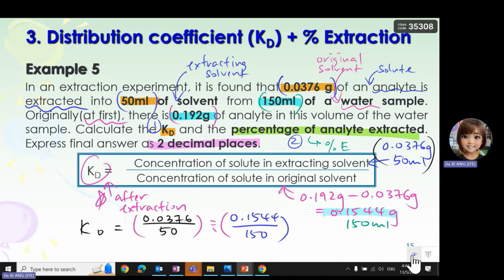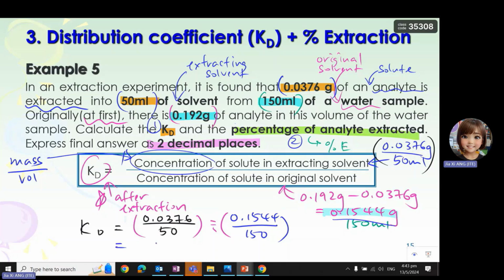So take note, just now we also mentioned, when you want to look at concentration, you should take mass divided by volume. Concentration is mass divided by volume. So I take the mass of the solute in extracting solvent, divide by the volume, then the whole thing divide by mass of the solute in original solvent after extraction, divide by volume.